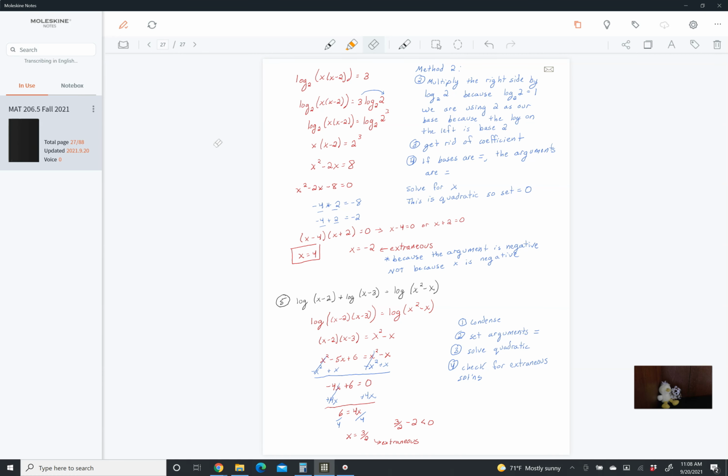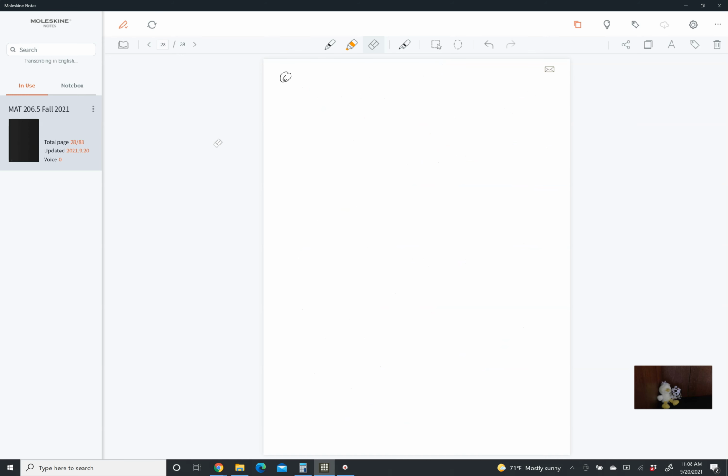So number 6, we have log of 4x minus 15 is equal to the log of 6x plus 9. The thing here is that we have one log on each side, so we don't need to condense. Condensing isn't necessary when there's already one log on each side.